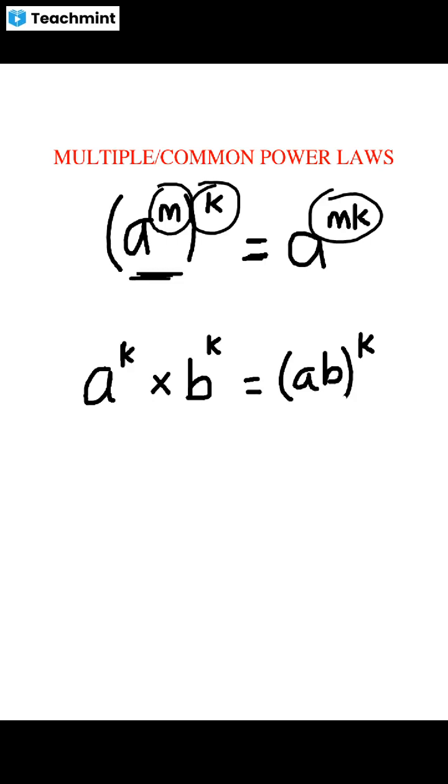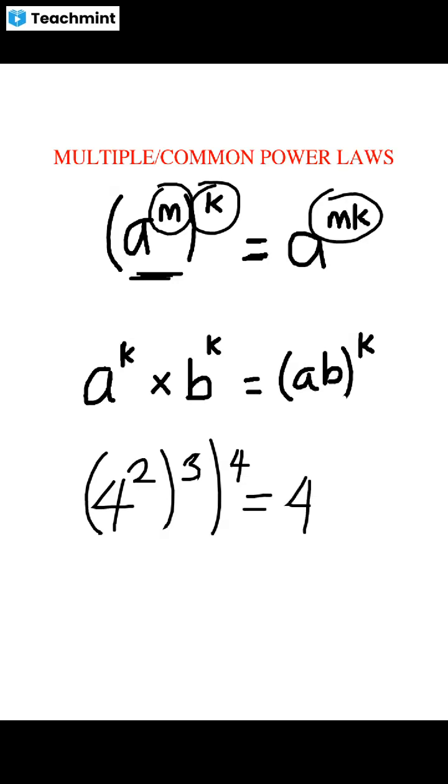For example, if I have 4 raised to power of 2, and this is also raised to power of 3, and in turn raised to power of 4, this is going to be 4 raised to power of 2 times 3 times 4. No matter the number of powers, they are going to multiply. 2 times 3 is 6. 6 times 4 is 24. That's 4 raised to power 24.